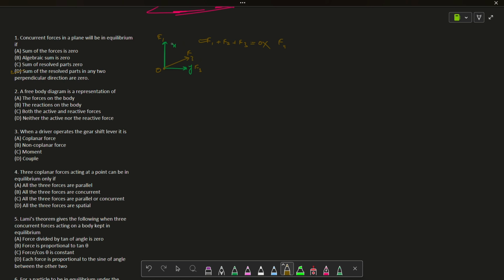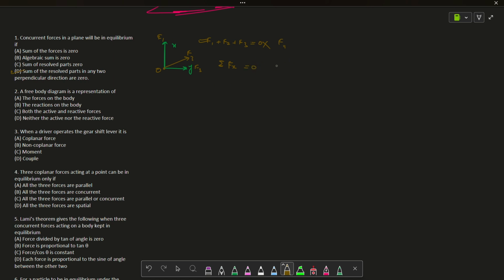Let me explain it. Let's suppose F3 is the only force that is not resolved in x or in y. So we resolve F3 into both x and y components, do the addition in the x direction, and equate it to zero.